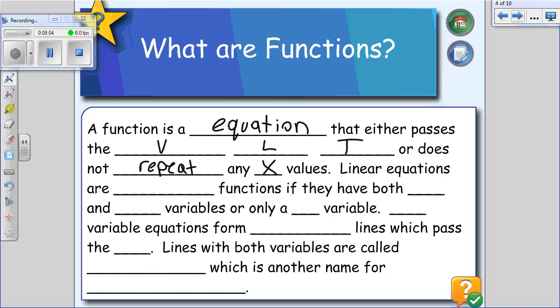Linear equations are blank functions if they have both blank and blank variables, or only a blank variable. That's a lot of blanks. Linear equations are only functions if they have both x and y.